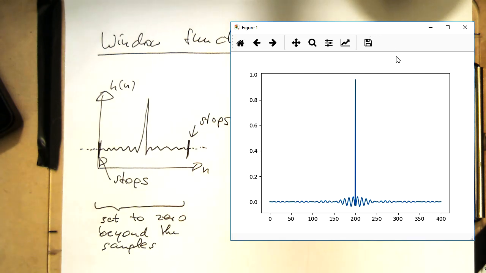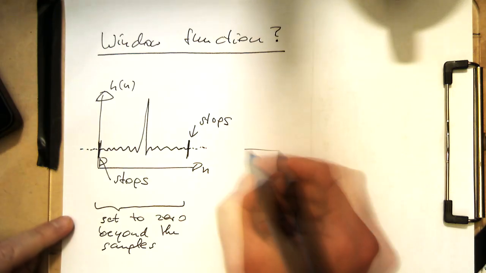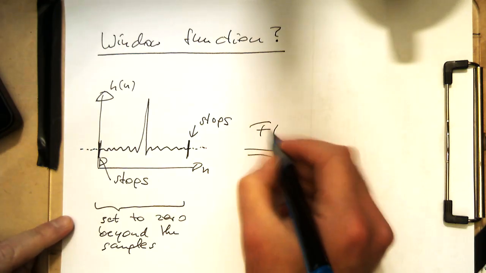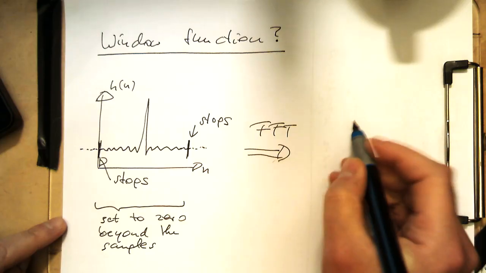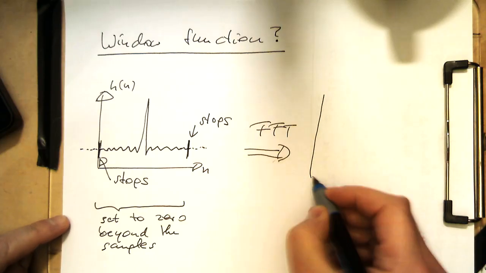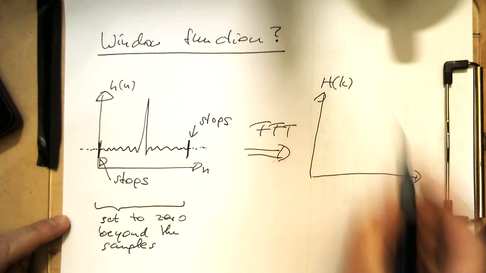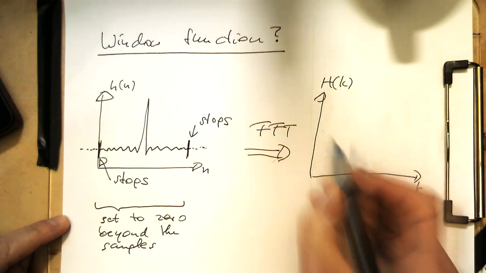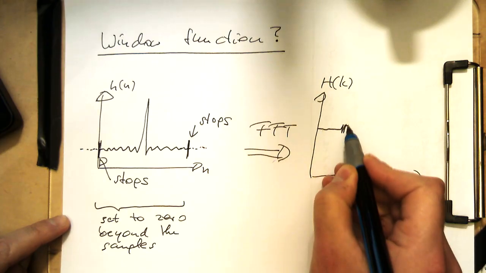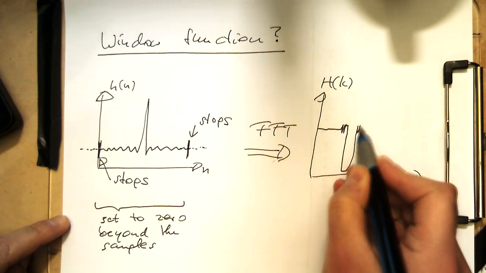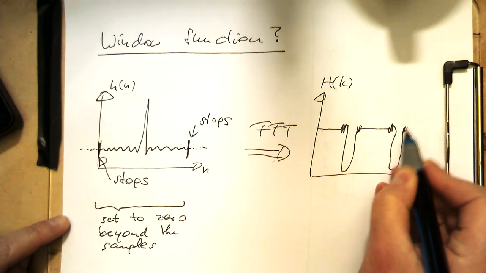And so this then creates, if you're doing the Fourier transform here, this poor response here. So if we have here our h of k, and here we have the response, and then we have this kind of ringing, and then it goes down, and we have another ringing, and then it goes down, and we have ringing again.